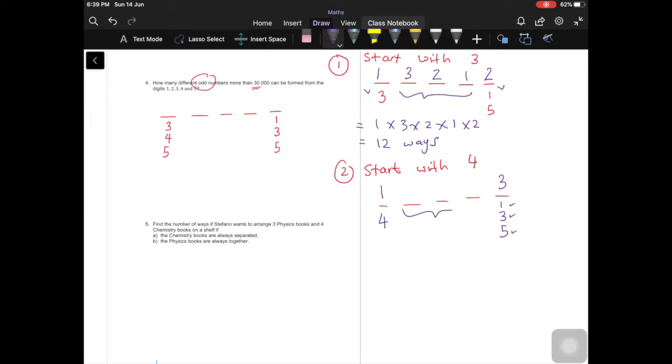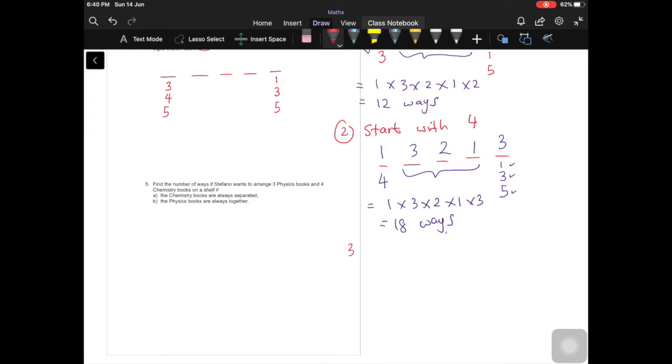The middle digits will then be 3, 2 and 1. So the number of ways is 1 times 3 times 2 times 1 times 3, which is 18 ways.